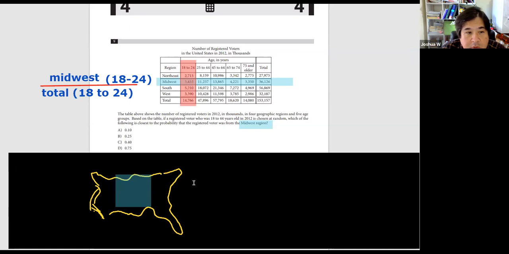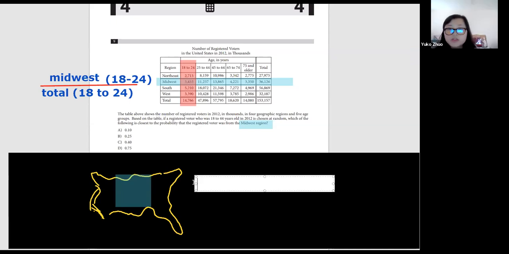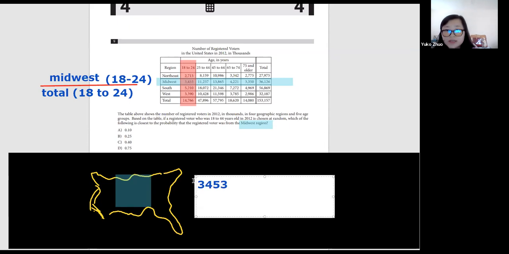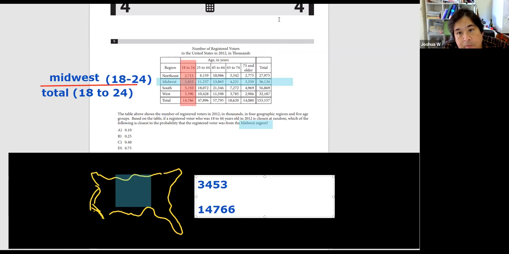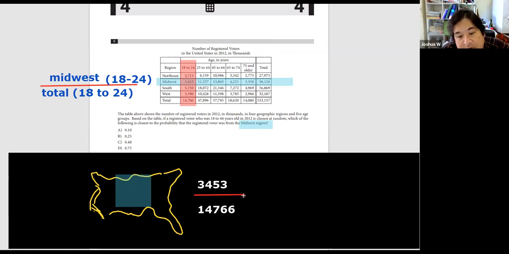Yuko? The numerator would be 3,453, and then the denominator would be 14,766. That's absolutely right. Okay, so for this conditional probability, we're just looking at that subgroup.